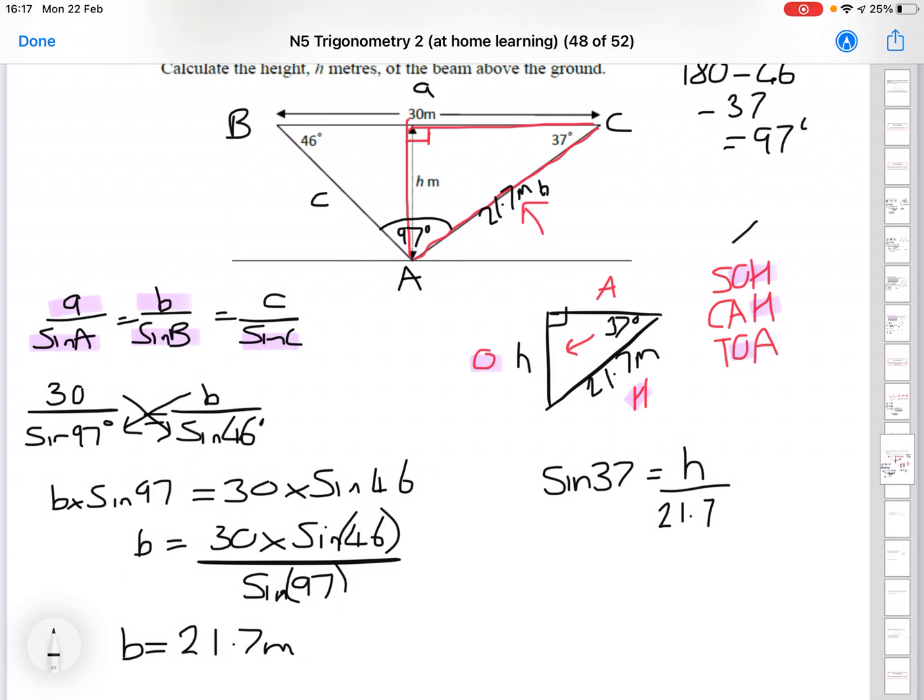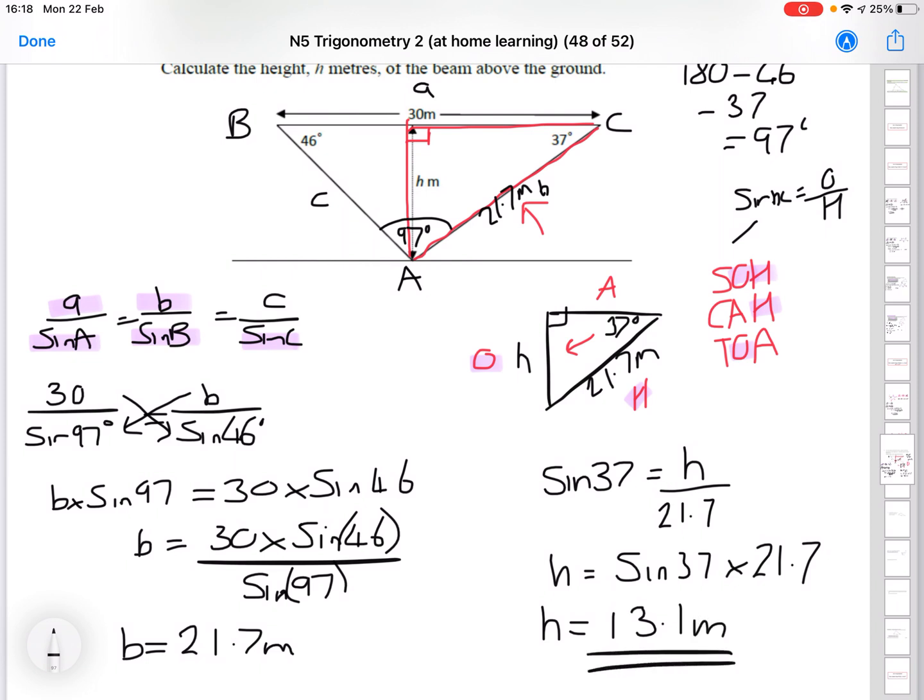Remember, sine x is equal to opposite over hypotenuse. So to find my height, which has been divided by 21.7, I would times both sides by 21.7. So as a height here, going for one decimal place, we're going to get 13.1 metres.